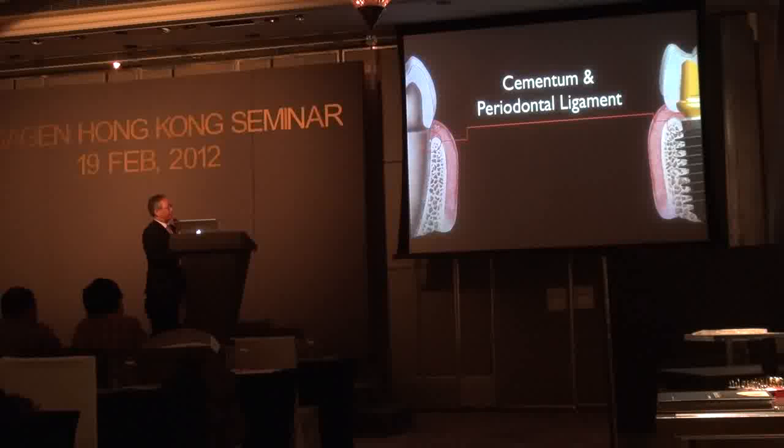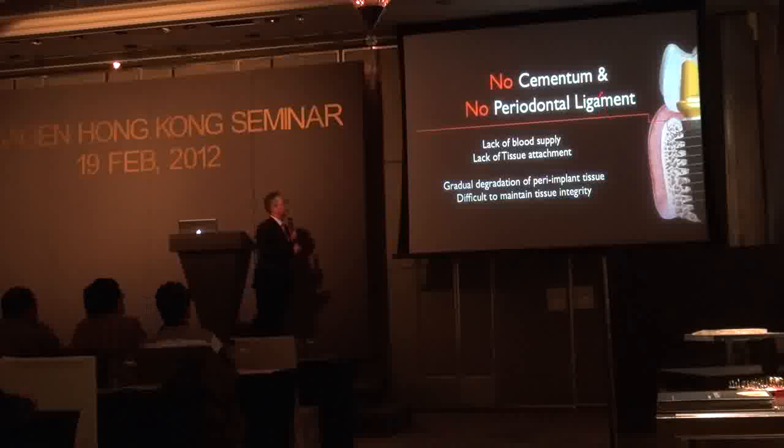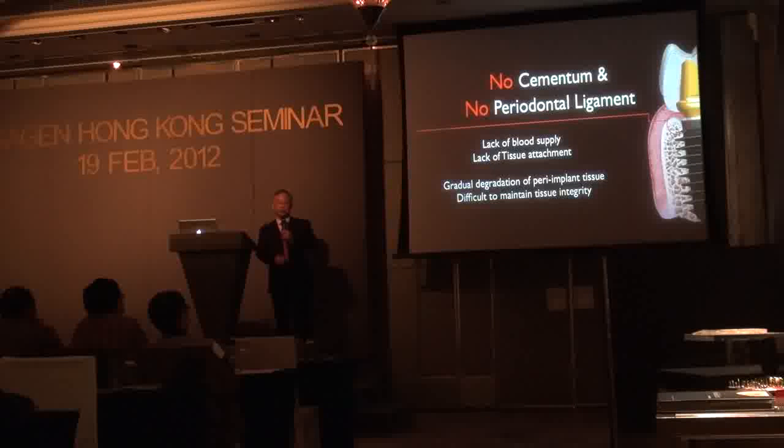Unlike the natural tooth, the implant doesn't have any periodontal ligament or any cementum. These two organs are very, very important, as you know. Because there is no cementum on the implant surface, we cannot maintain the gingiva attached to the implant surface. So that's the start of a tragedy.